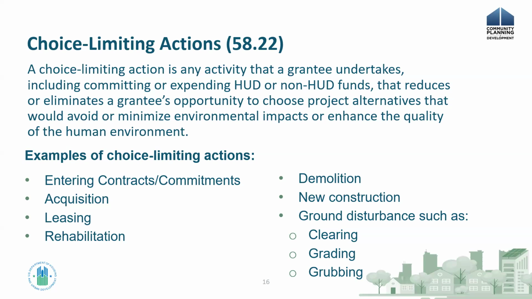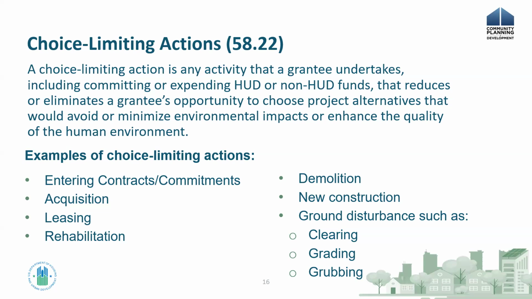So a choice limiting action is any activity that a grantee undertakes, including committing or expending HUD or non-HUD funds that reduces or eliminates a grantee's opportunity to choose project alternatives that could possibly avoid or minimize environmental impacts.